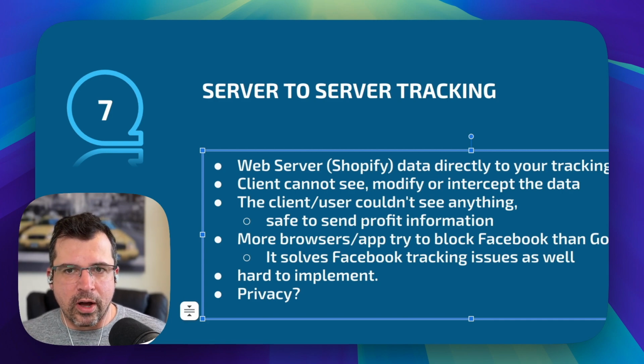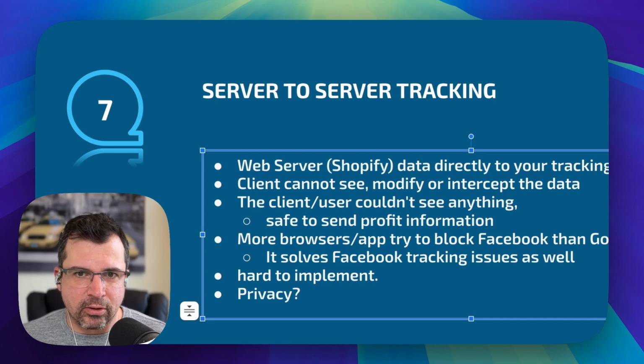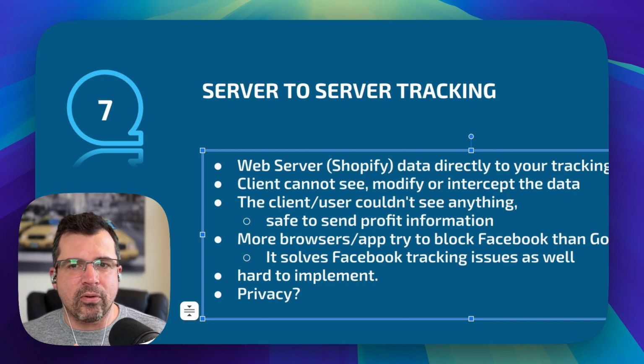And since no one can alter or block this data, this is kind of like the best method. Although there can be some privacy concerns here, as users can send do not track requests, but you can still track those users. So these are the current mechanisms for tracking Google Ads conversions with Shopify.